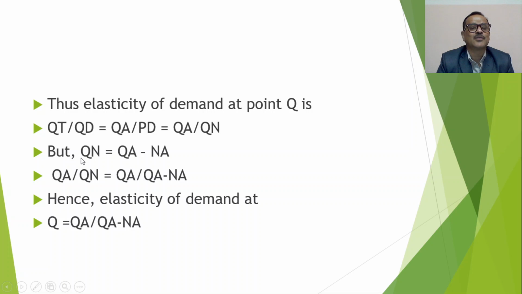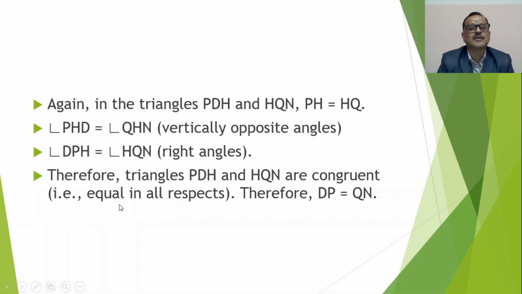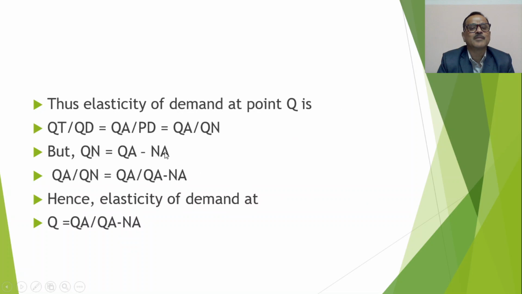But as you know, QN equal to QA minus NA. You can see here, QN is the entire value of QA minus NA.